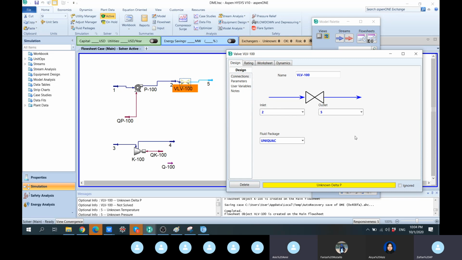Q equals CV times the square root of delta P. Yeah, that is roughly the equation for a valve. So how many unknowns do we have there? CV and delta P.